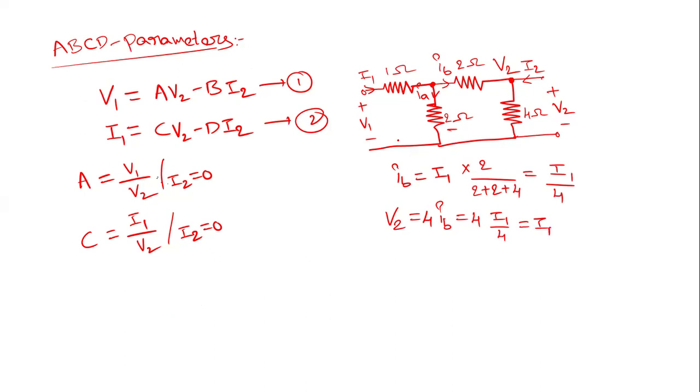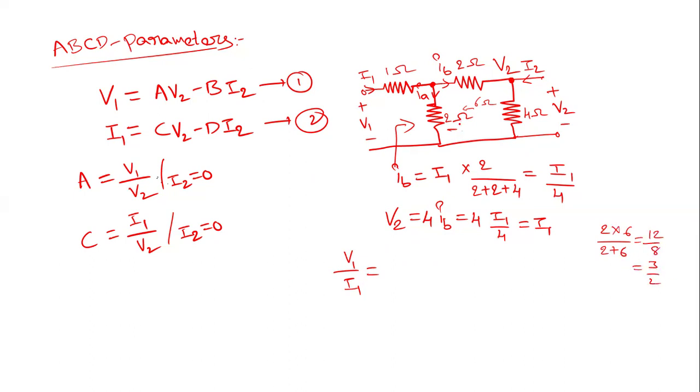Now let us find the input resistance at these terminals, which is given by V1 by I1. This is open circuited, so these 2 ohm and 4 ohm are in series, so the total is 6 ohms. This 6 ohm resistor and the 2 ohm are in parallel, so 2 into 6 divided by 2 plus 6, which is 12 divided by 8, that is 3 by 2.